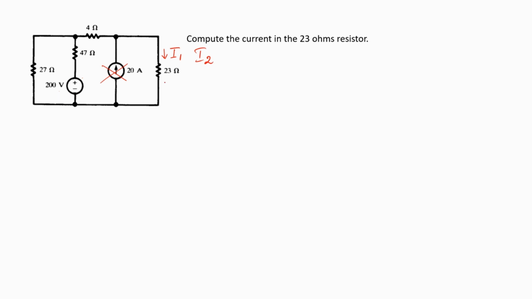Then the total current I flowing through the 23 ohms resistor would be given as I equals the effect of the 20 amps current source acting alone, which is I1, plus the current due to the 200 volts source acting alone, which is I2. So I have now superimposed the effect of both sources, assuming that they were acting independently initially.